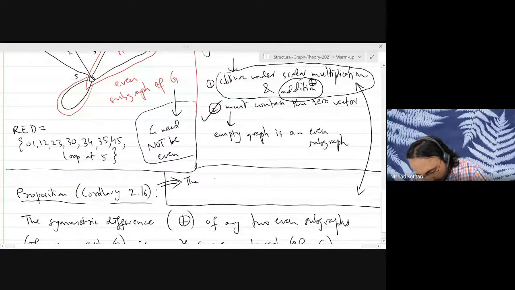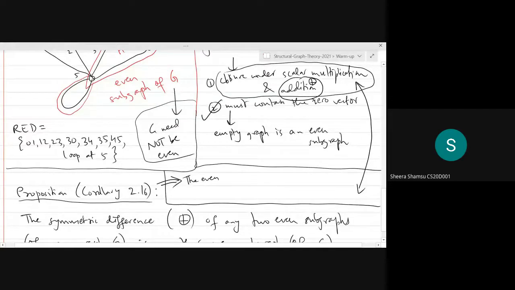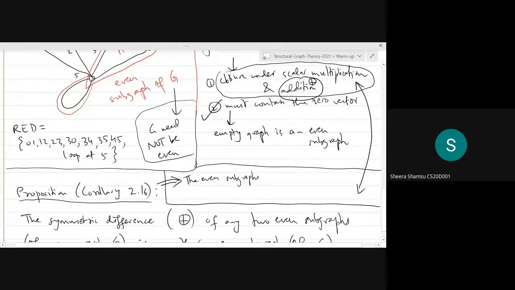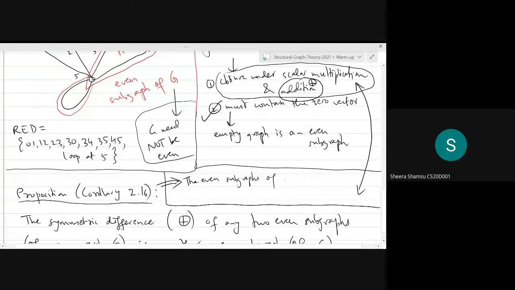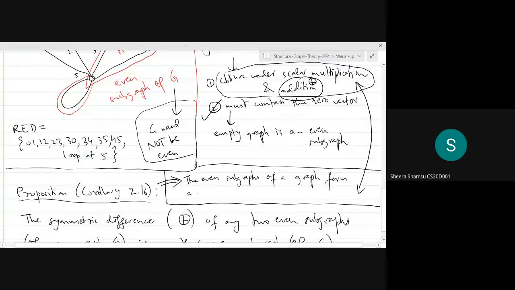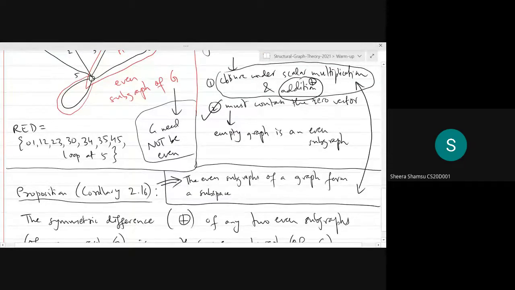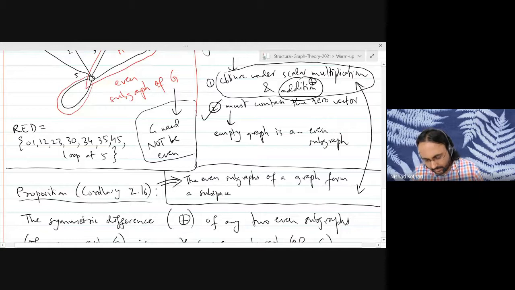Yeah, go ahead. Sir, so symmetric difference, if we take the geometrical terms, is it like if you take S plus T, it means you are removing the edges in S which are being shared with T? Right, exactly.